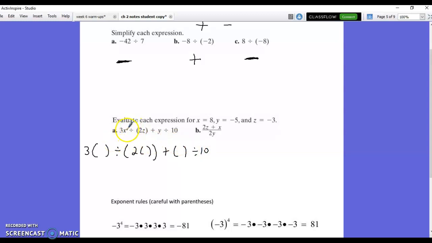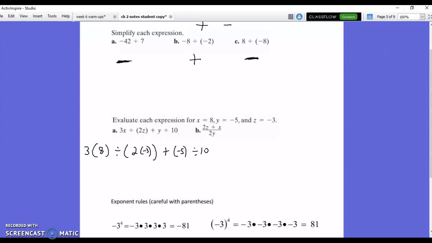Alright, so now let's go through and put in our x, our z, and our y. So our x is 8, our z is negative 3, and our y is negative 5. Hopefully you find that a little bit easier when substituting.